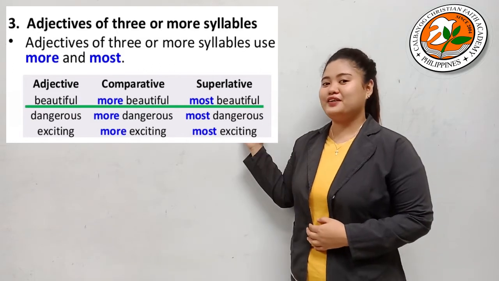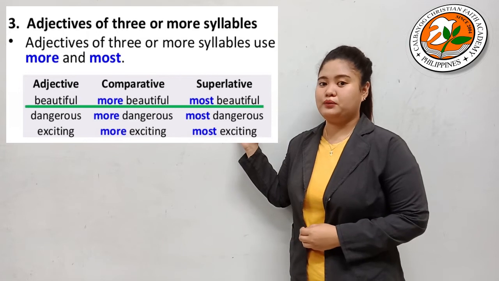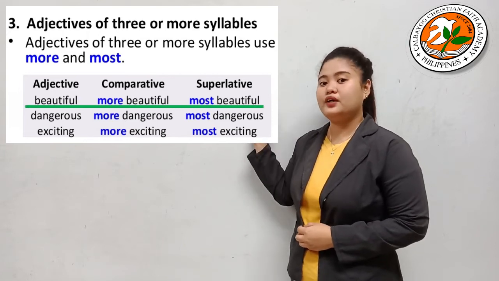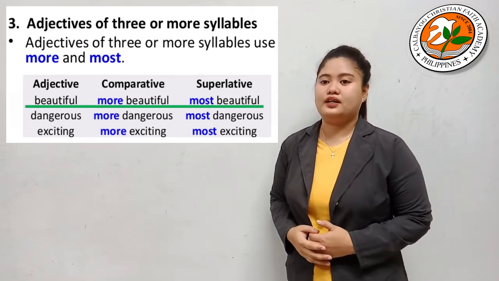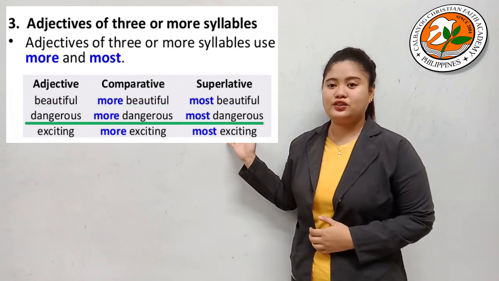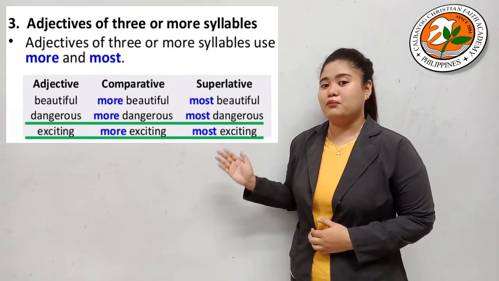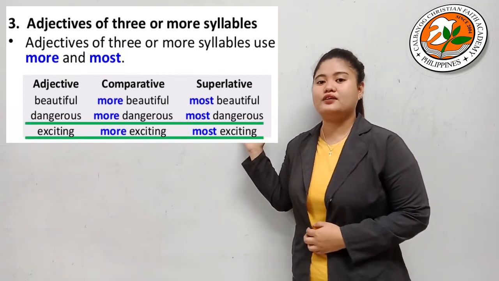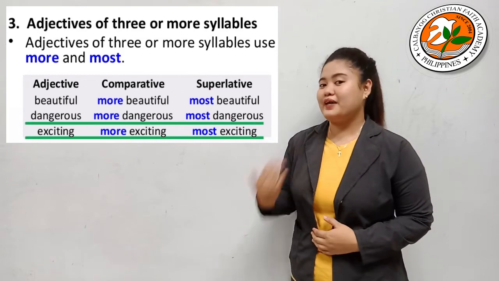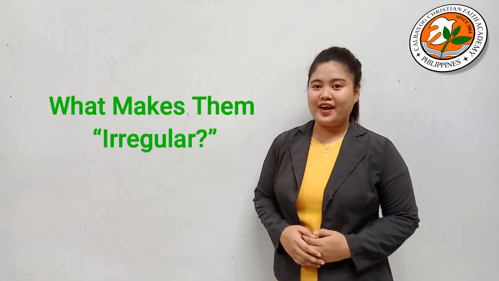In the comparative degree, we add more: more beautiful, and in the superlative degree, we add most: most beautiful. Also, dangerous and exciting become more dangerous and more exciting, and in the superlative degree, most dangerous and most exciting.